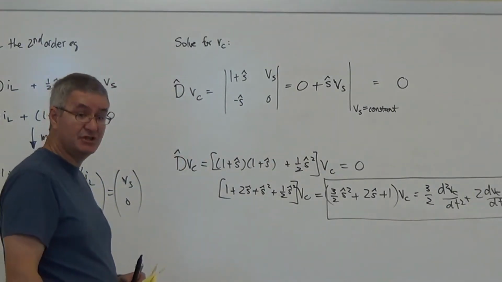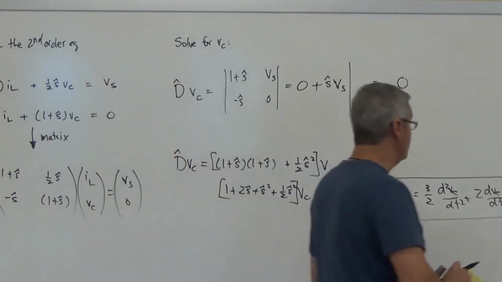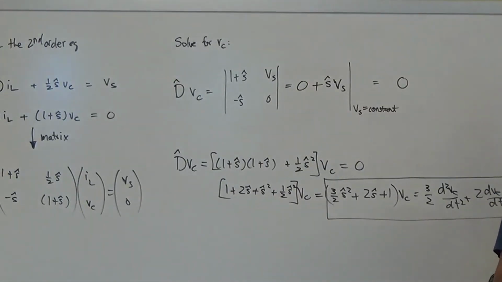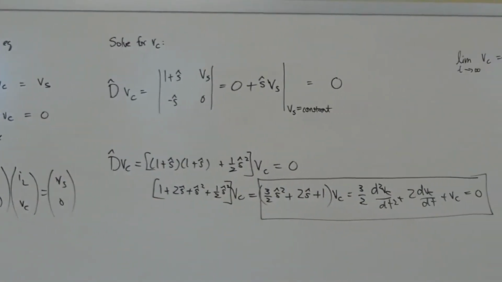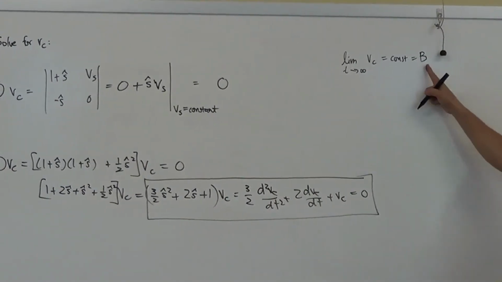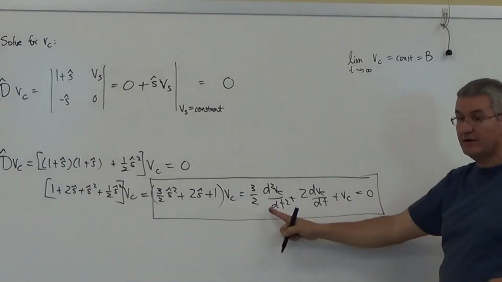Now, let's check this thing. What we know here, in the limit as t goes to infinity, is that VC has to go to a constant. And we said that constant had to go to 0. Well, here's what we will do then. We will take that constant and plug it back into our equation.